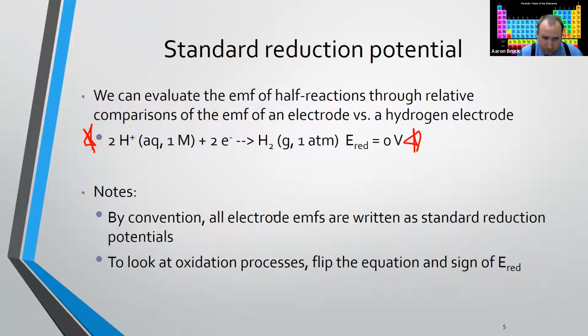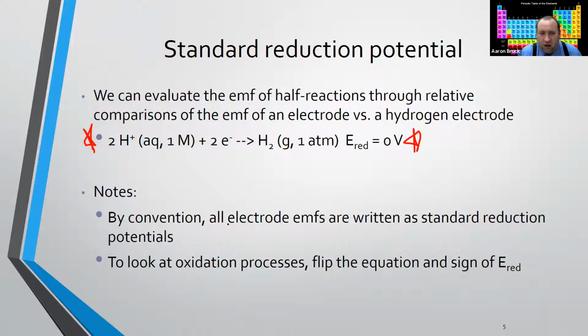When the substance forces the hydrogen to become oxidized, we know that it has a greater reduction potential than the hydrogen, and we're going to measure a positive voltage. When the hydrogen acts as the cathode and the other substance acts as the anode, it has a lower reduction potential, and that value will come out negative because the electrons are flowing from this other cell to the hydrogen.